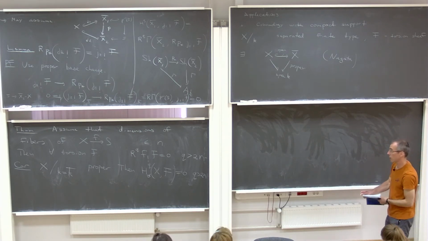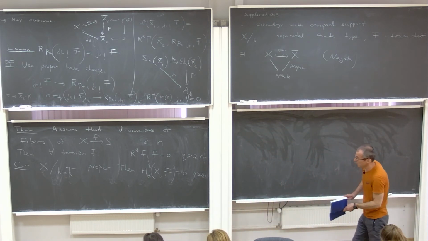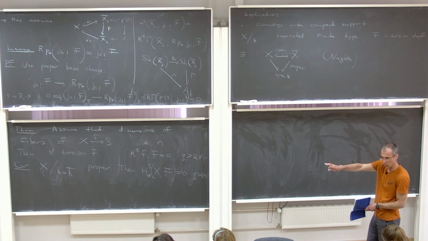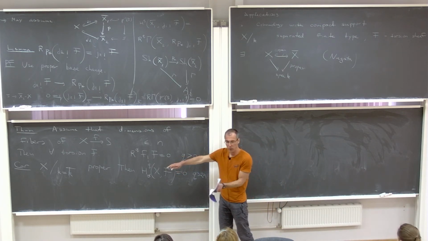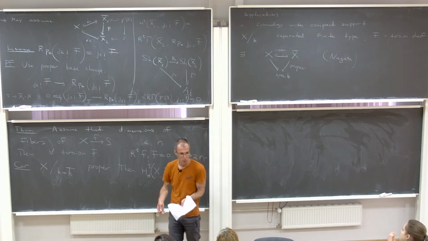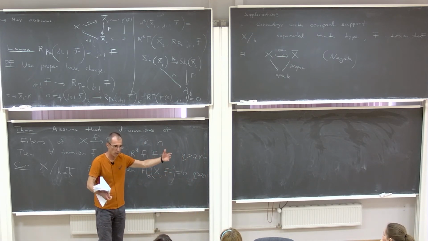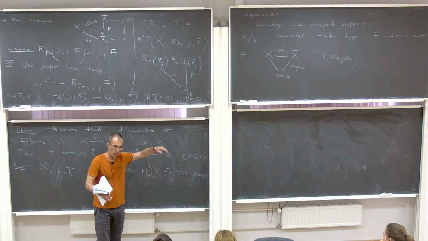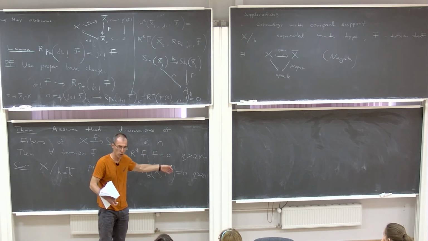So let's give a proof, because remember that we did some computations for curves. For curves, when X is a curve, we proved this statement. We used some dévissage. First we reduced to the case when F is a local system, and then we used the Kummer method to take some finite cover of this curve and reduce to constant sheaves on a curve.